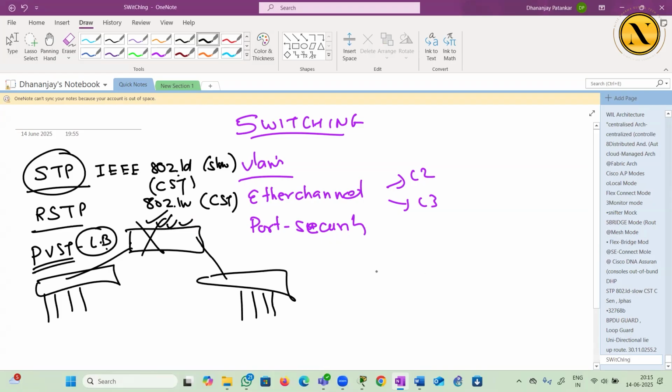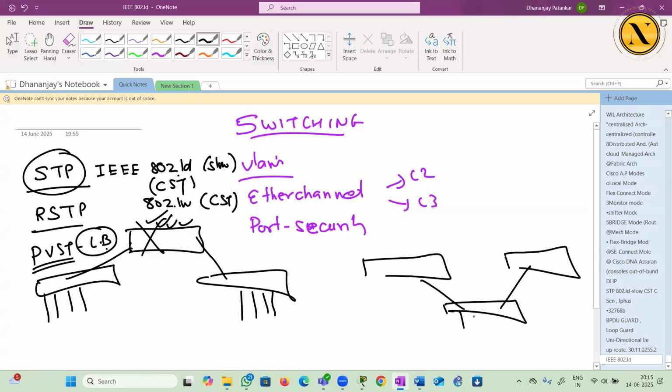But of course, we have to configure different switches to act as root bridge for different VLANs, right? VLAN 5, VLAN 10, whatever. So we want VLAN 5 data to go like this and VLAN 10 data to go like this. So spanning tree VLAN 1, VLAN 2, VLAN 3, root primary.